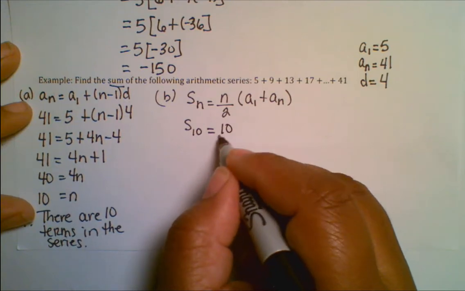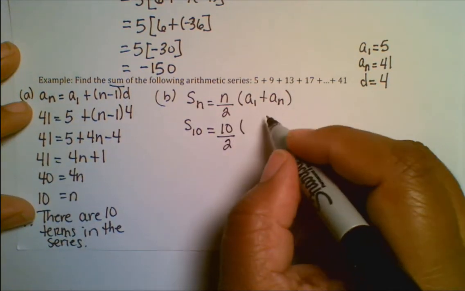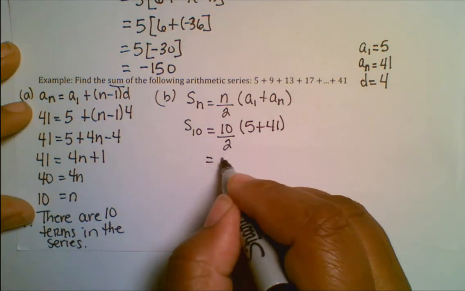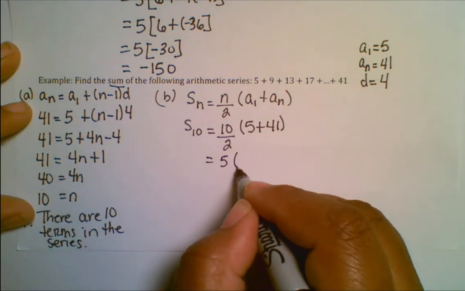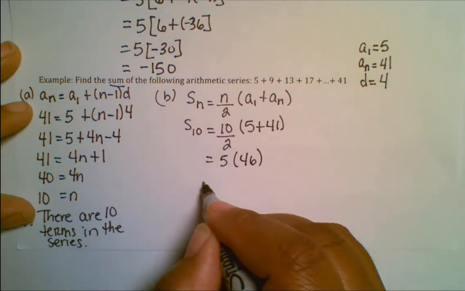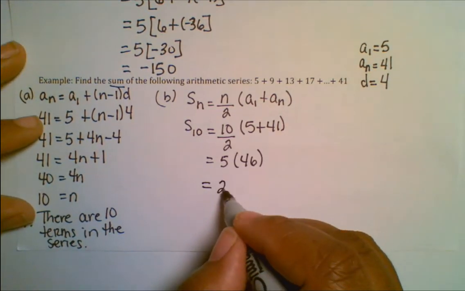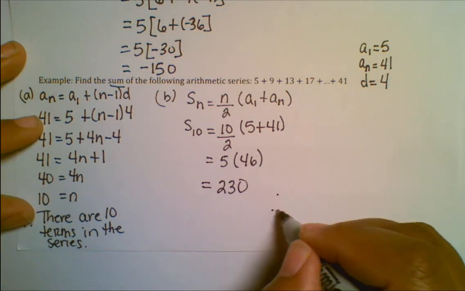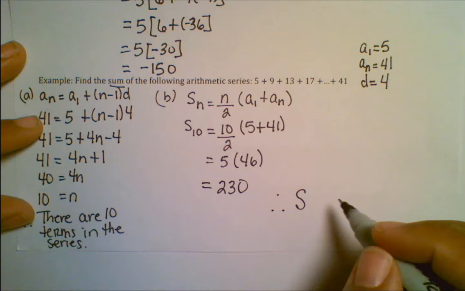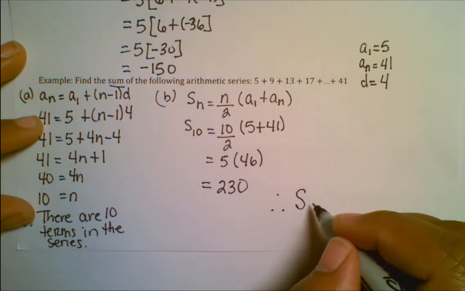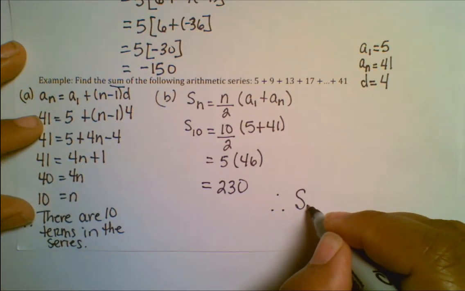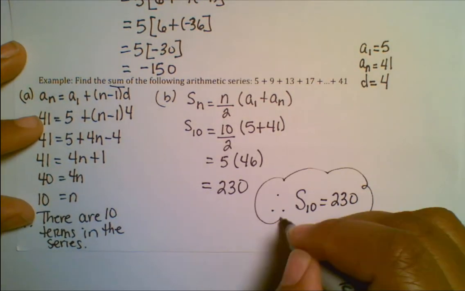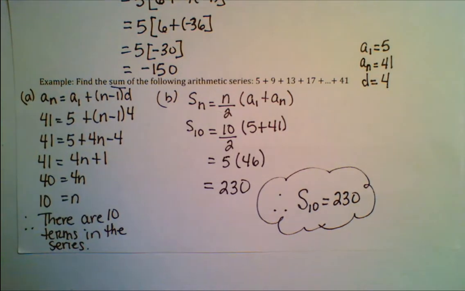So we have 10 over 2 times 5 plus 41, and then we have 5 times 46, and 5 times 46 gives a sum of 230. Therefore, the sum of the first 10 terms in this series equals 230. There we go.